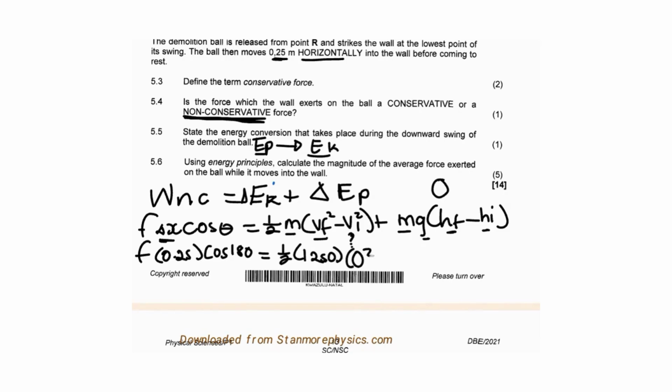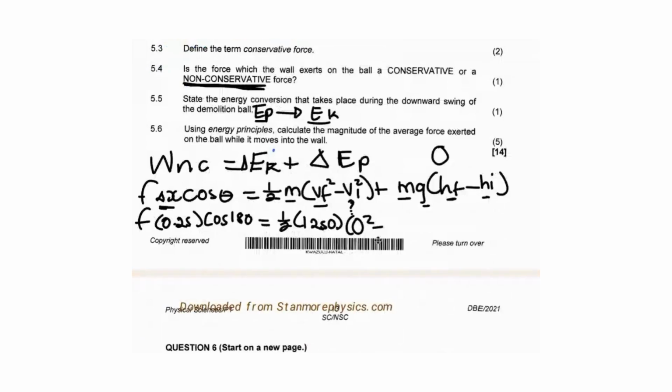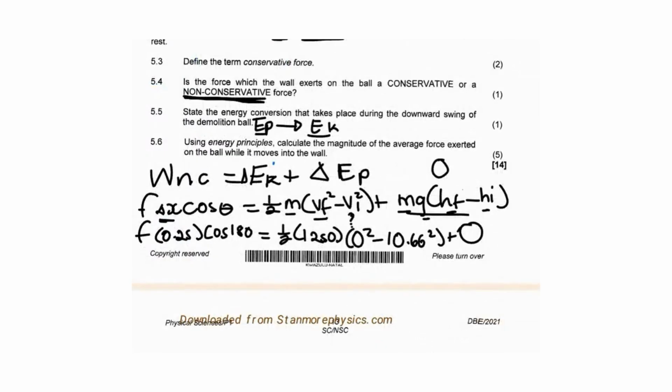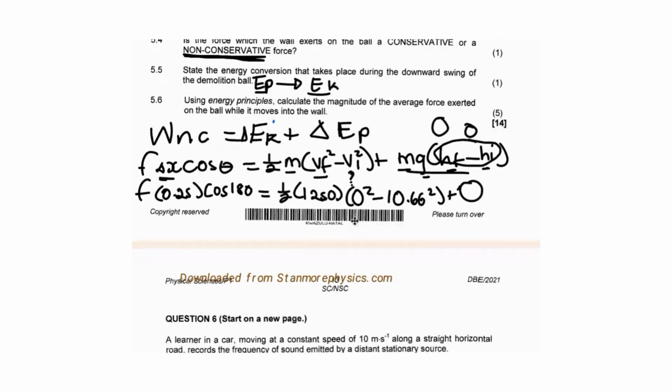V final is 0 because it rested, and then 10.66 squared, plus this part, which I'm writing as 0 because we don't have any potential energy. The ball is moving horizontally, so there's no change in height, and the whole thing is 0.